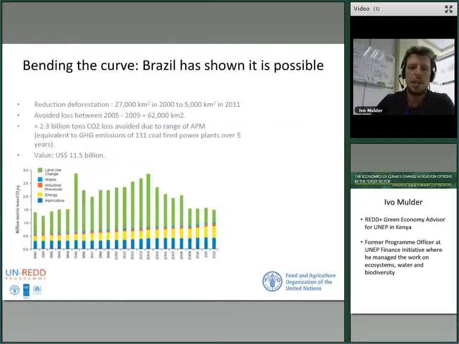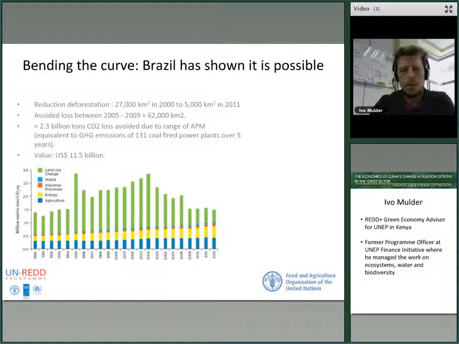And I think Brazil has shown, at least for a period of time, that it's possible. Its deforestation levels were reduced from 27,000 square kilometers in 2000 to around 5,000 square kilometers in 2011. So that's a major decrease in annual deforestation rates, even though in 2008 and 2013 deforestation levels increased.